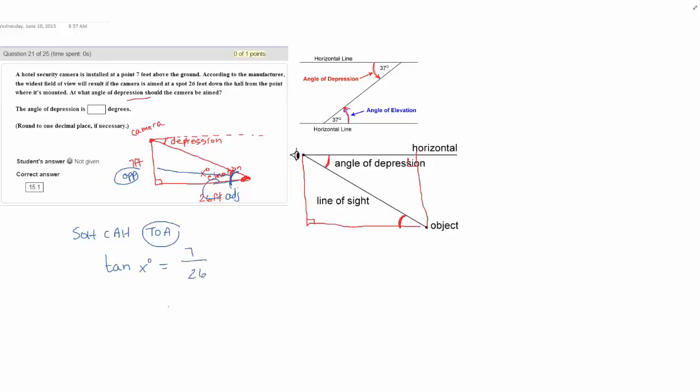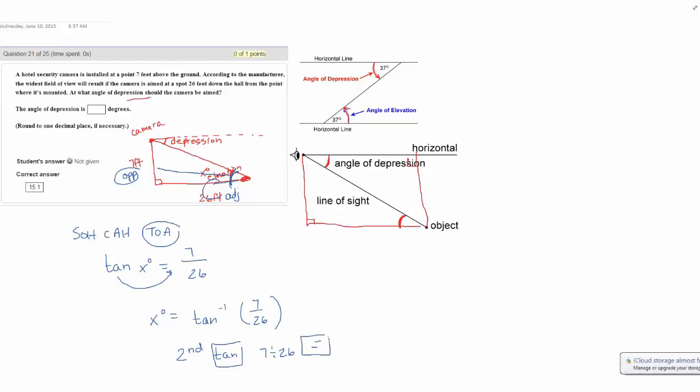When you're solving for the angle, you have to move the trig to the other side. Now, you don't do that by division, but you do it with inverse trigonometry. So x degrees is equal to inverse tangent of 7 over 26. So in my calculator, I would type second, and then I would hit the tangent button, and then I would do 7 divided by 26, and then press equals.